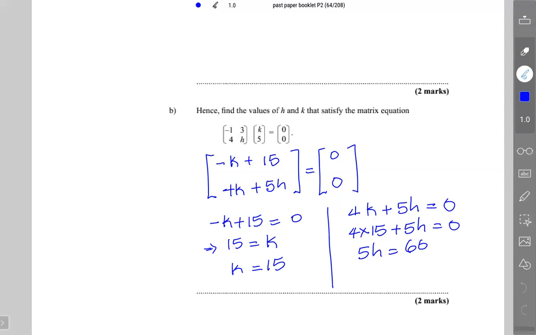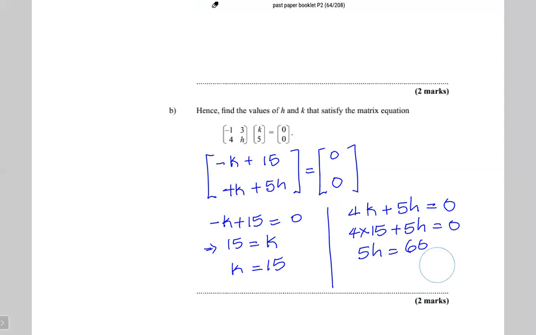All right, let's use the rubber. So 5H, remember 4 times 15 is 60. Positive 60 goes over and becomes negative 60. Then we divide both sides by 5.